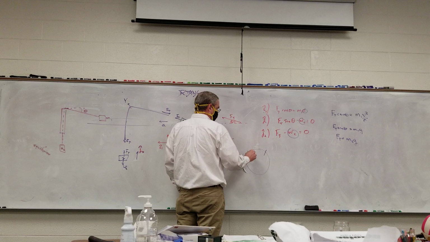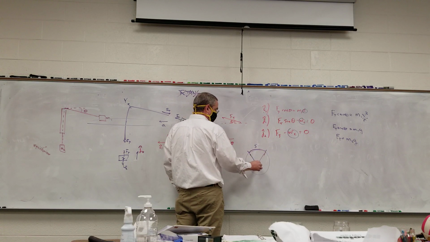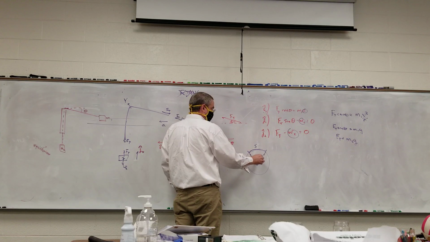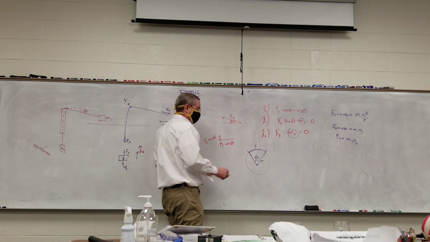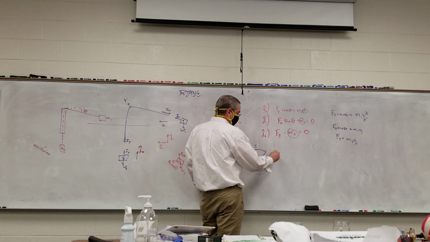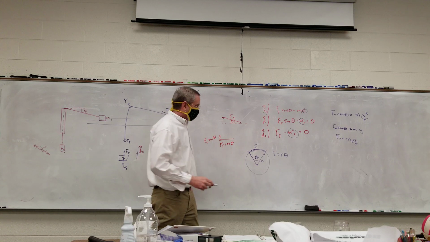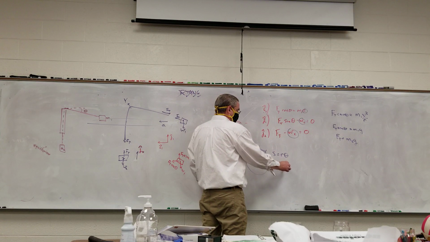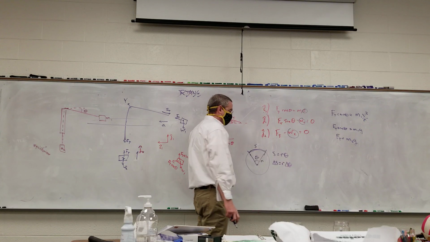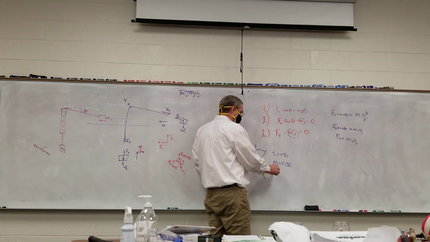If I have something moving through an arc, some distance s, we have this relationship between the arc length, the radius, and theta as something moves in a circle. So s is equal to R theta. So the change in distance would be equal to R times the change in theta. And then it takes a certain amount of time, so just divide by time.